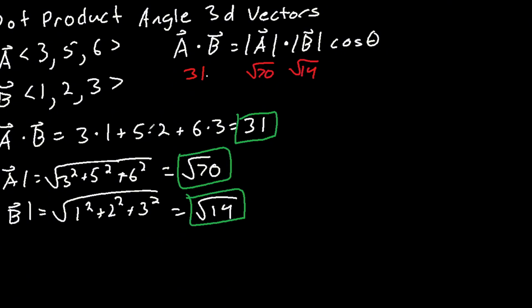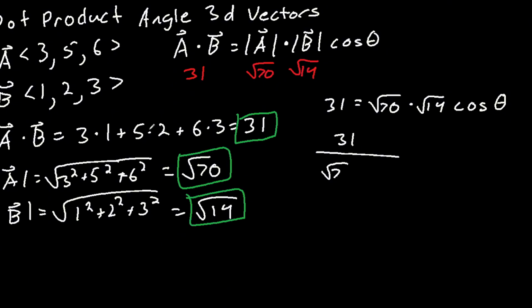So once that is done, we can isolate theta, because theta is the only unknown value. If 31 is equal to square root of 70 times the square root of 14 times the cosine of theta, we can isolate theta by dividing 31 by both the magnitudes.